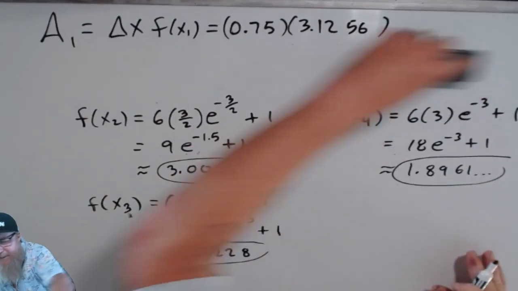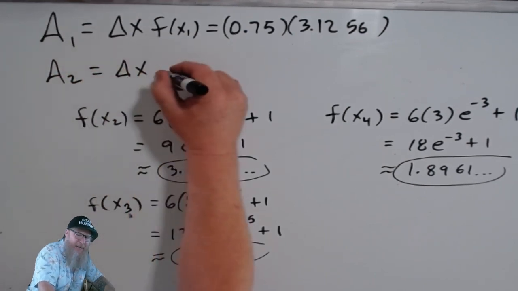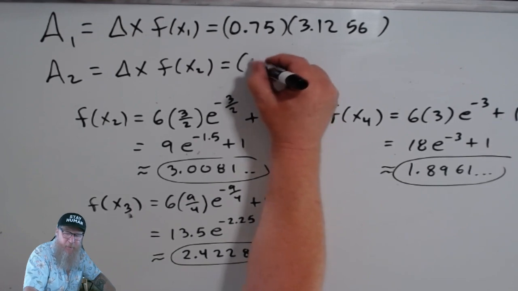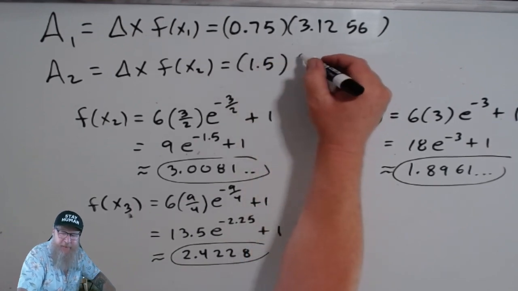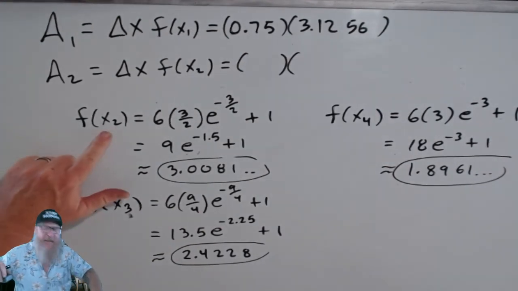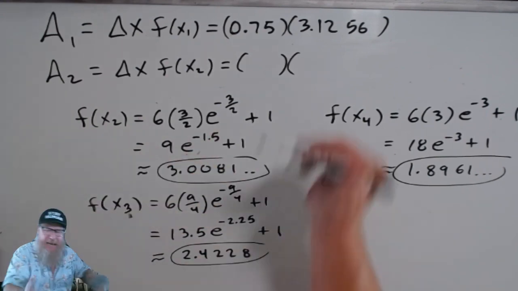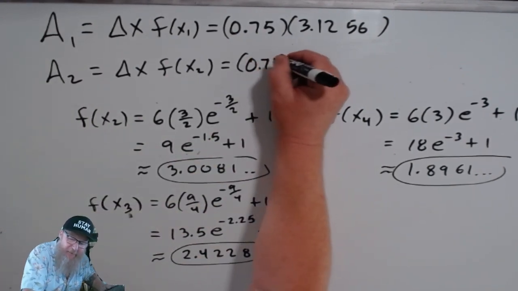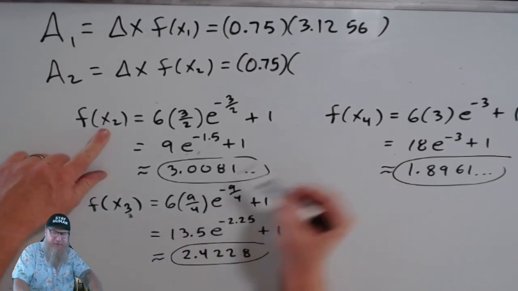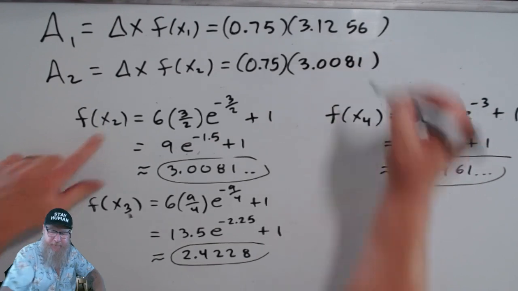3.1256. That's enough decimals. And then we've got A2, delta x times f of x2. The x2 is 1.5, that's true, but the delta x is always the same. It's 0.75. And then the f of x2 is the number that changes, 3.0081.